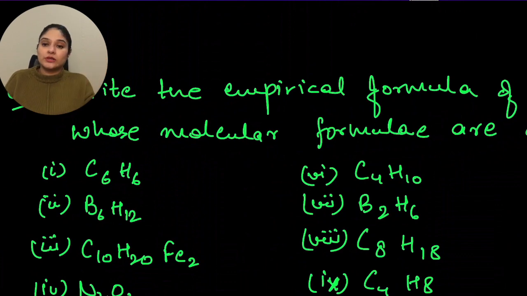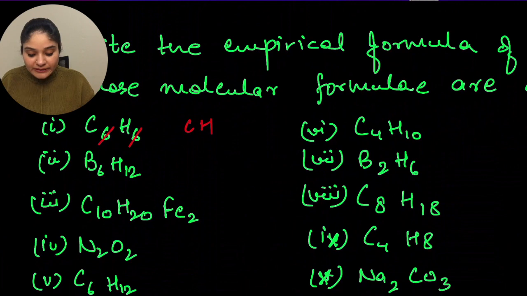What you're trying to do is take out the common factor and bring your molecular formula to the simplest form possible. So C6H6, you can cancel both of them by 6, and you end up with CH. The second is B6H12. You can cancel it by 6 again, so you end up with BH2.